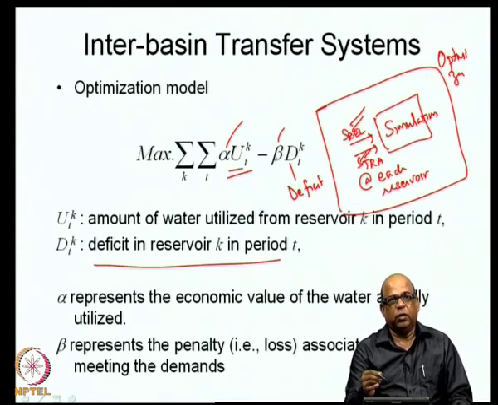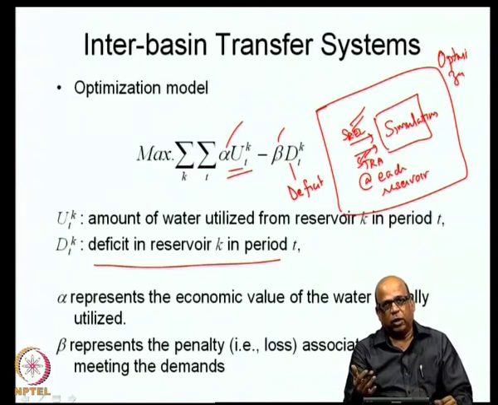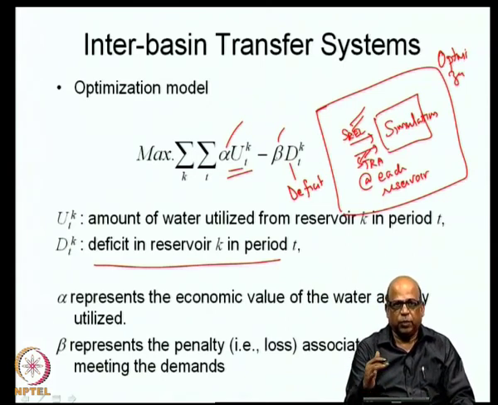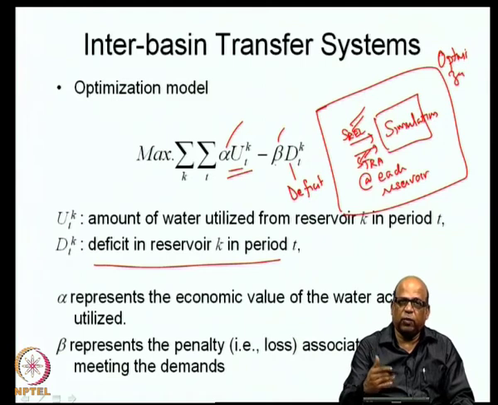These are constants. These can be economic returns or economic value attached to the water that is utilized, alpha, and the economic loss that is attached to deficit, but these can be weightage factors. We can look at it as a multi-objective problem and then assign weights and play around with the weights to get different solutions.